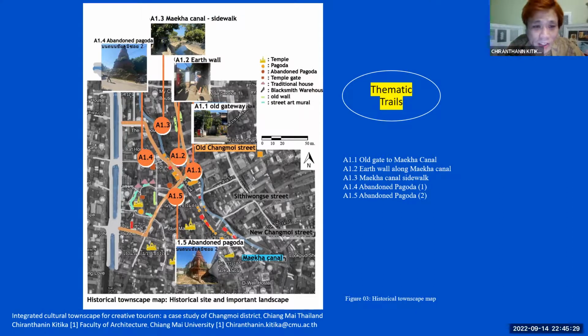Some places in this area were gone, were abandoned, so I have to put it down. We find the elements of the city, some strong, some gone, and I have to put them on. This is the character of the old communities and historical places on the cultural mapping as number one.